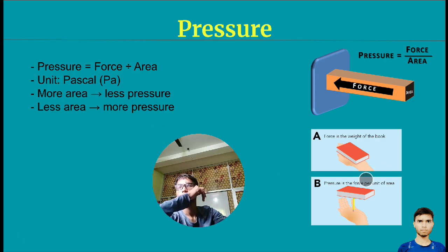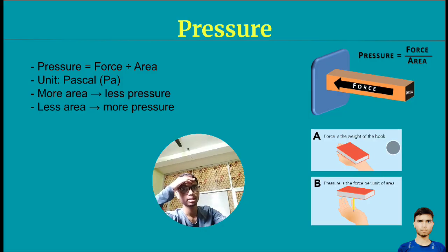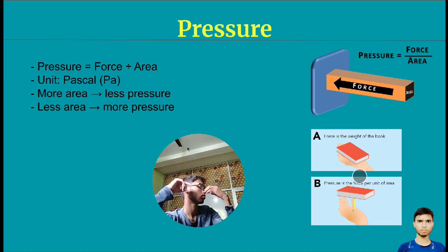Here we can see a hand and a book over here. Pressure would be less because the area is more, that's why pressure would be less here. If the area is less, then pressure would be more.